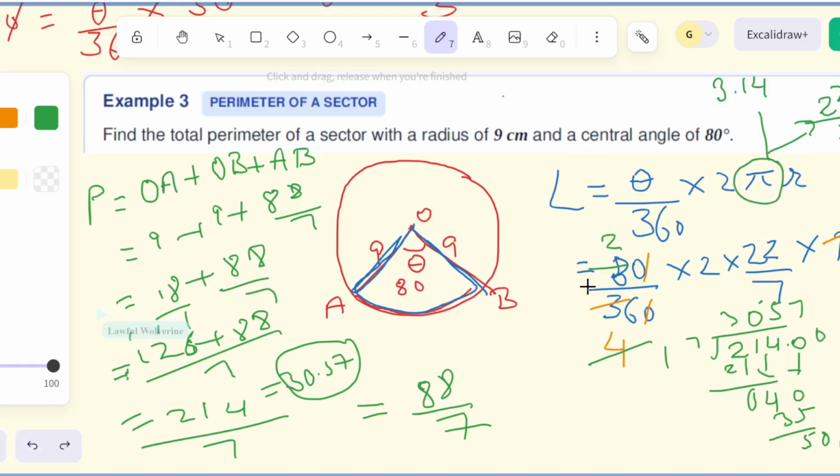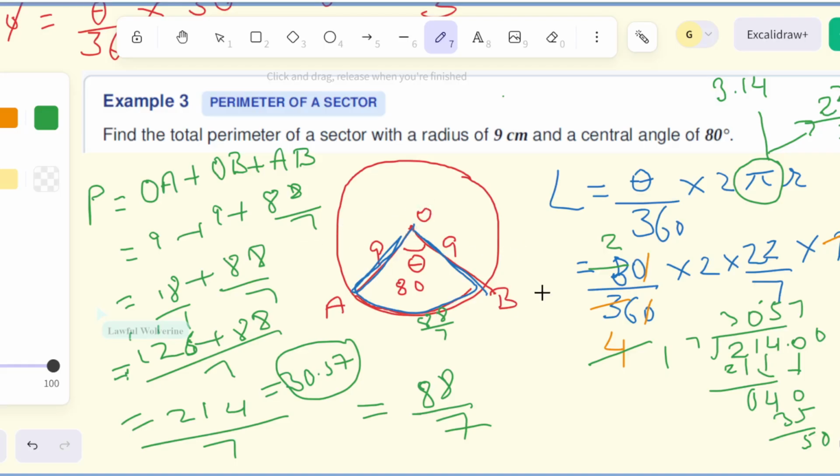And then we input the values we already have. We got a fraction term which is 88 upon 7, and we add up all the other radii, 9 and 9, because we have to find the perimeter of the sector, right? So this part is 88 upon 7, the curved part, and the straight lines part is 9 and 9.